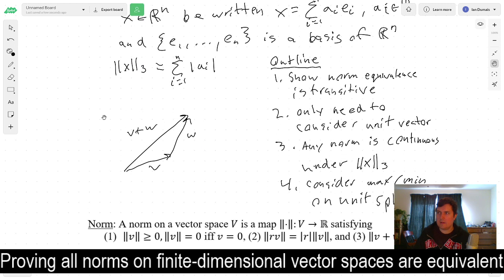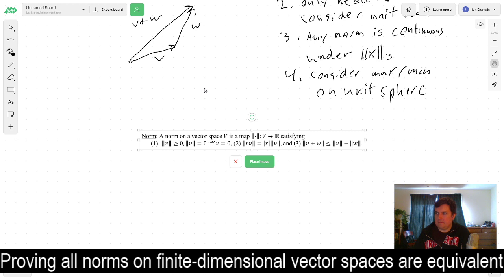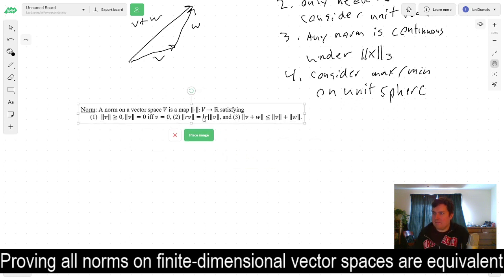Okay. Could I do it here? I just want to move this down here. Nope. I'll just get rid of my definition of a norm. Why is it not letting me undo? Okay, put that back in there.